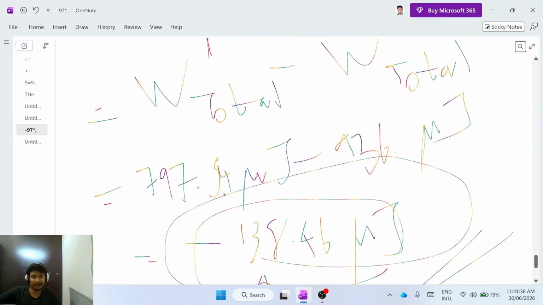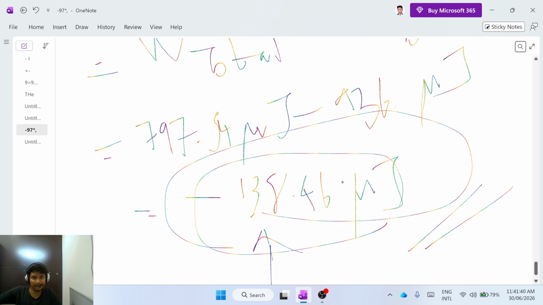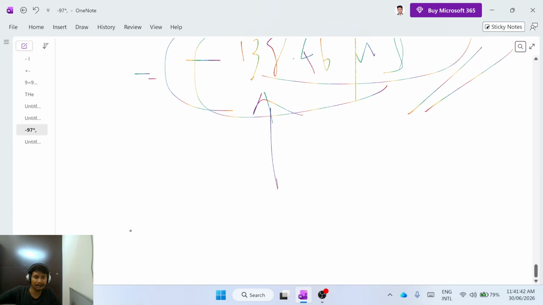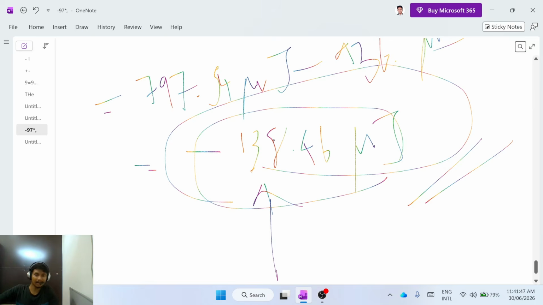We have found the change in energy. This is the final answer. If they have asked what is the change in energy, then this is the answer, with the minus. You must include the minus, otherwise the answer is wrong. Change in energy is minus 138.46 microjoule.